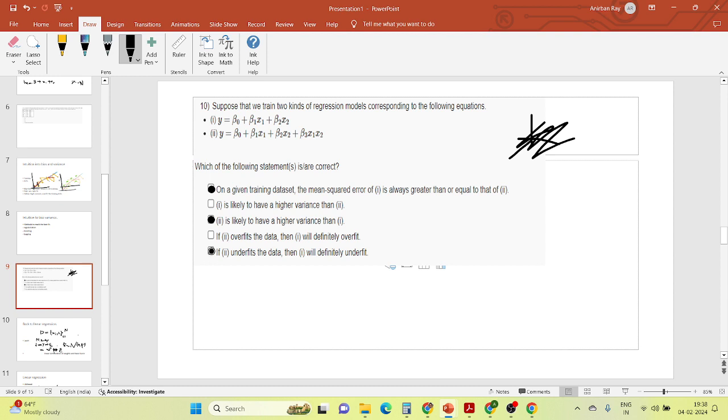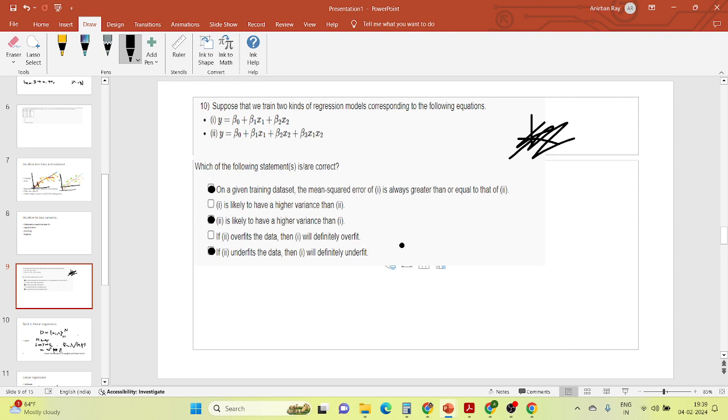That is correct. Because the second one is more likely to overfit, but if in this case it is underfitting, then the simpler one should surely underfit, right? So that is how it is done.